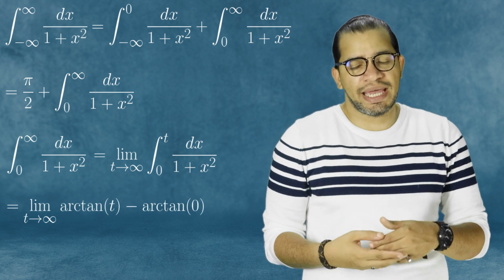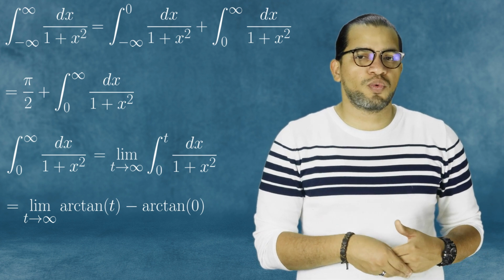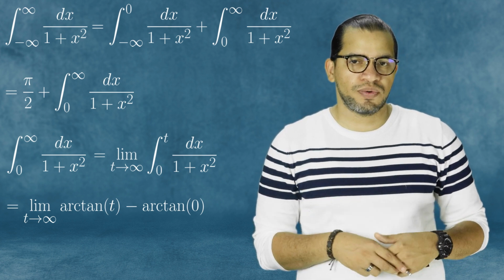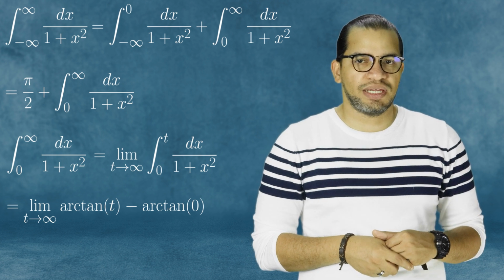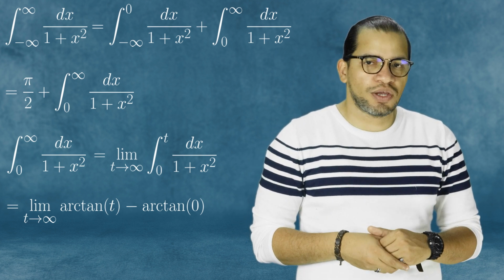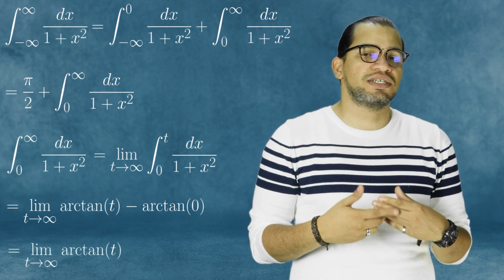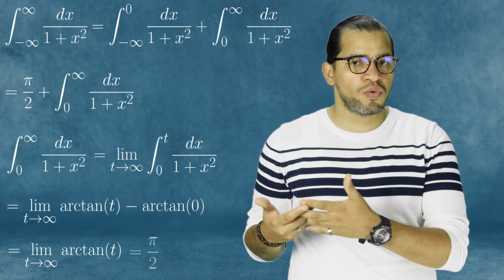If we do so, we get arctangent of t minus arctangent of 0, which we know is equal to 0. But remember that we need to take the limit when t goes to infinity. So we end up having the limit when t goes to infinity of arctangent of t, and this is equal to pi over 2.